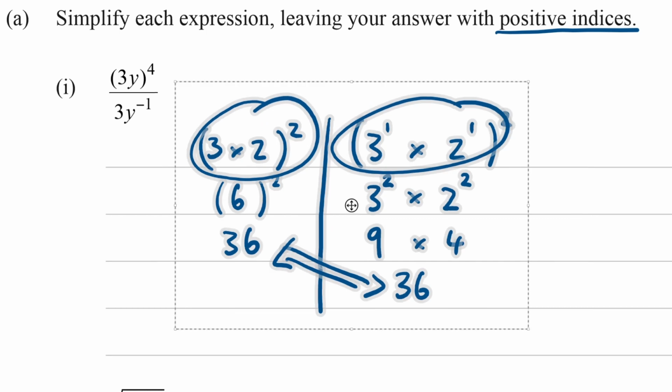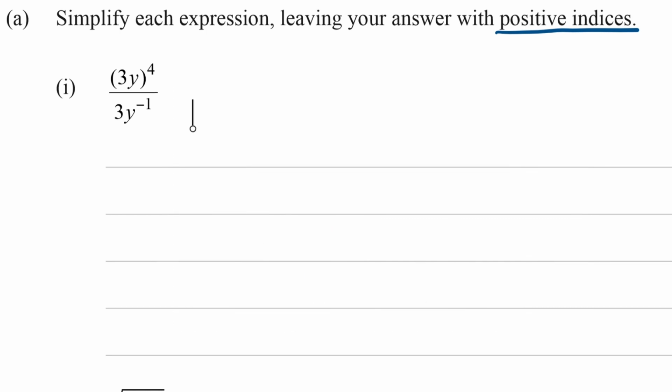Alright, and we're going to use that method on the right, powers of powers, to simplify the numerator. So we have 3y all to the power of 4. Now we can distribute that as 3 to the power of 4 times y to the power of 4. Awesome.